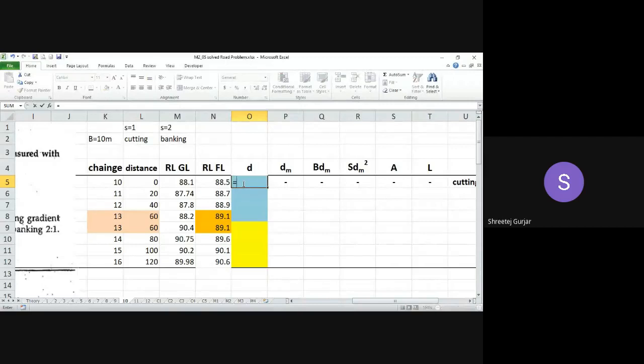Now moving on, same calculation. No changes in calculation from this point onwards. Same we have to follow: formation level minus ground level, same as in the previous numerical. So no need of worrying for the calculation. Let me mark this. This is under cutting, minus. I have written this in a different color. This is also positive.